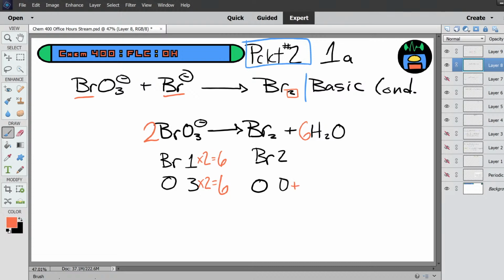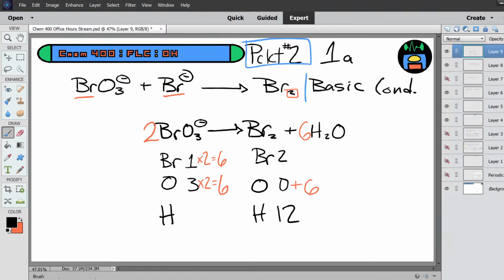So now we have 6 oxygen atoms. The problem is, by balancing our oxygen atoms, we add 12 hydrogens to the product side, and there are no hydrogens on the reactant side.